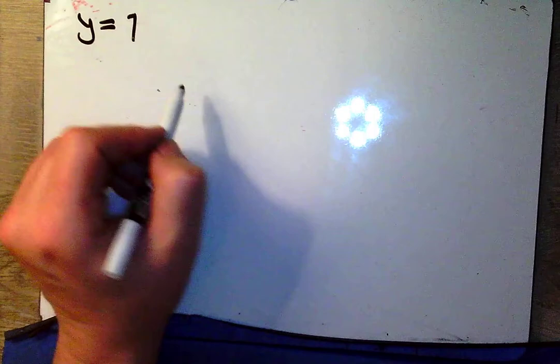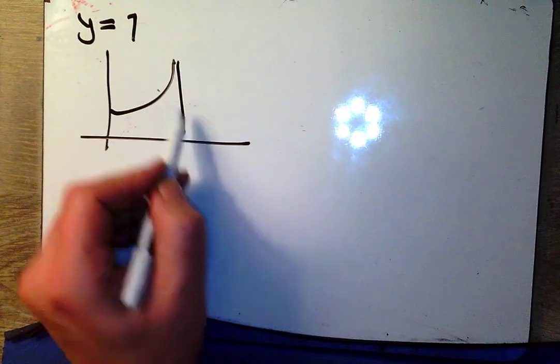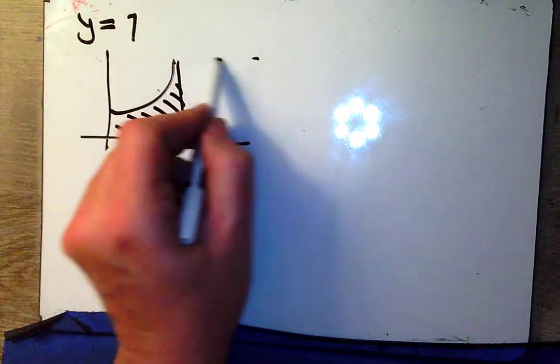Okay, so then let's take a look at what happens if we spin this around y equals 7. So here's y equals 7.